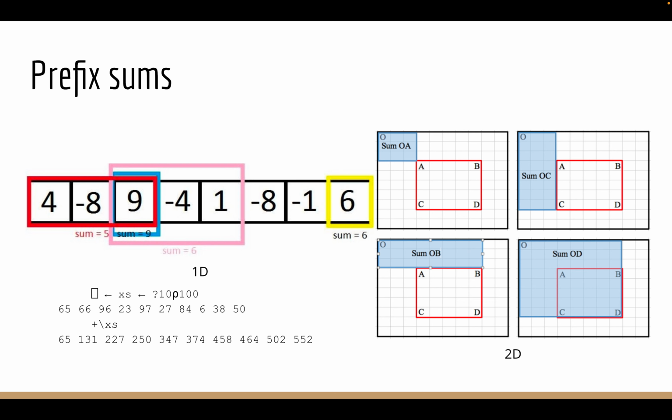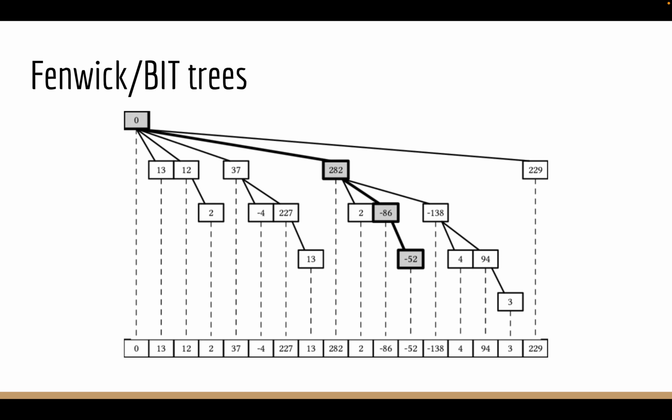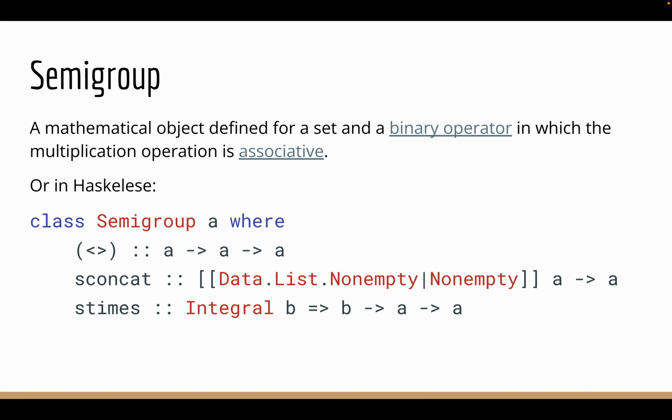And this way we have constant time queries, and unfortunately we don't have efficient modification support, but we do get linear space, so it's very simple to implement and very fast in practice, and it also supports two-dimensional data structures. If we do need to support modifications, we can use Fenwick or big trees that support both queries and modifications in logarithmic time.